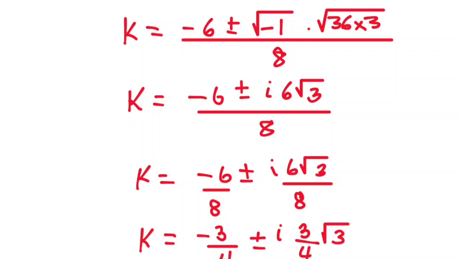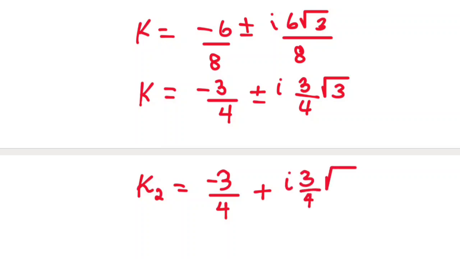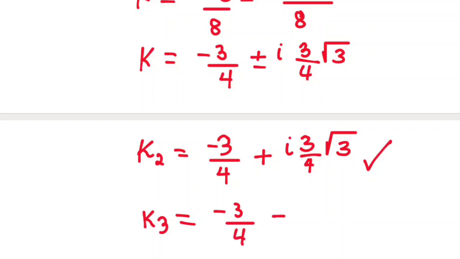So now from here, we have k2, the second one, to be minus 3 over 4, taking the positive sign, i 3 over 4 root 3. So this is case 2. Then for case 3, we're going to have minus 3 over 4 negative i 3 over 4 root 3. So this is the third one.